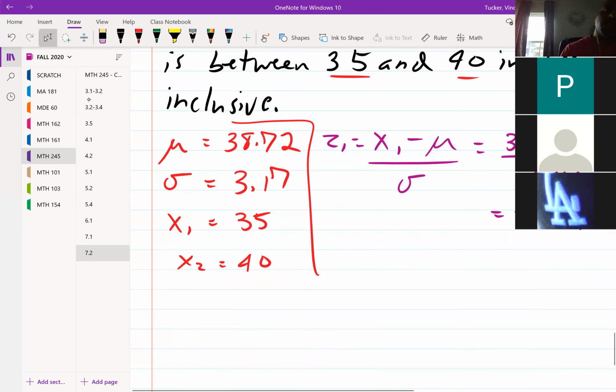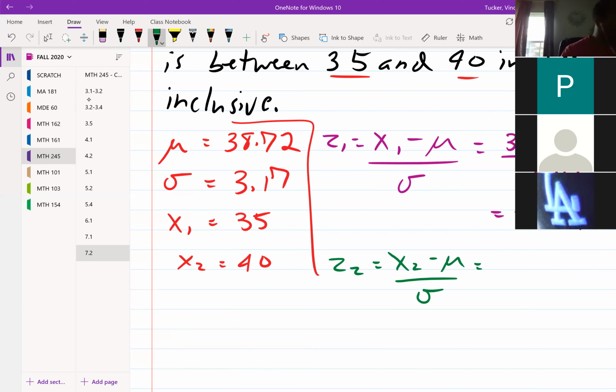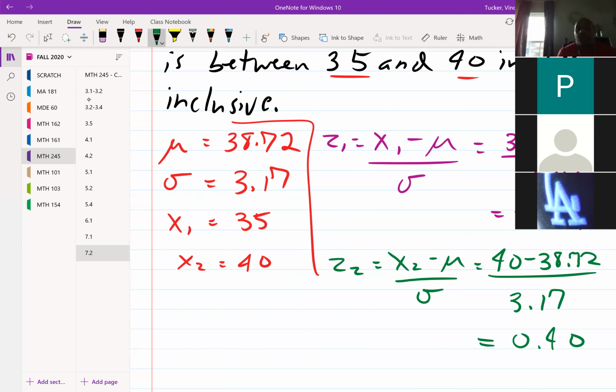And the second z-score, for 40, is 0.40.